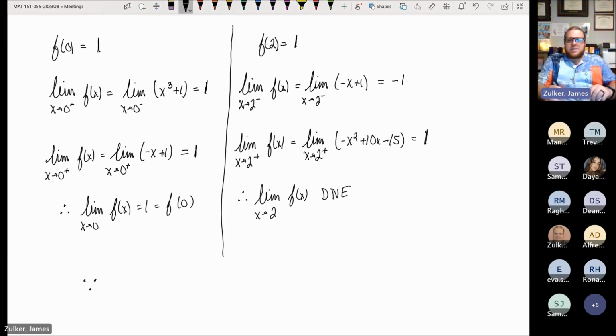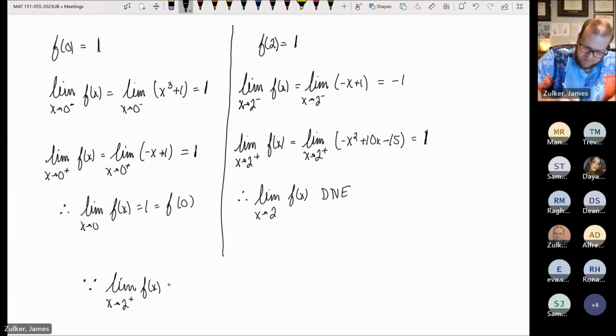All right, so again, you have to ask yourself, which of the two one-sided limits is equal to f of 2? That would be the right-handed limit.